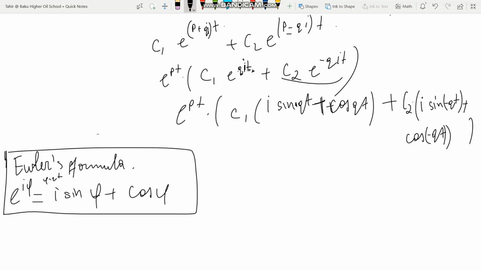And let's simplify this one, e to the power pt multiplied by c1 multiplied by i, and this term can be written as minus c sine qt.